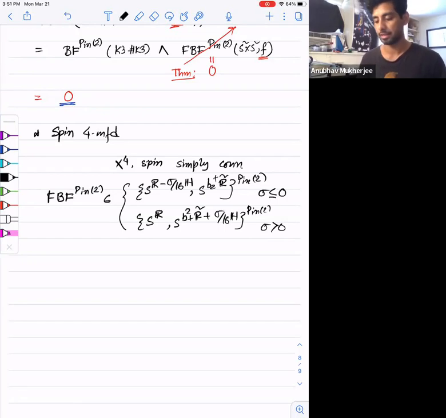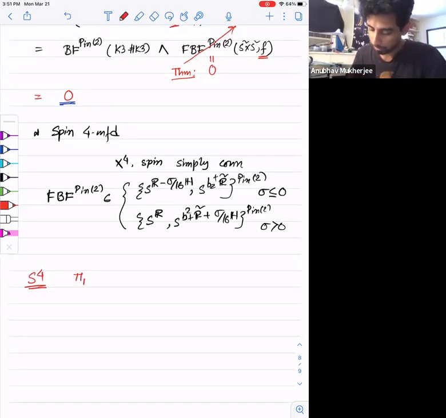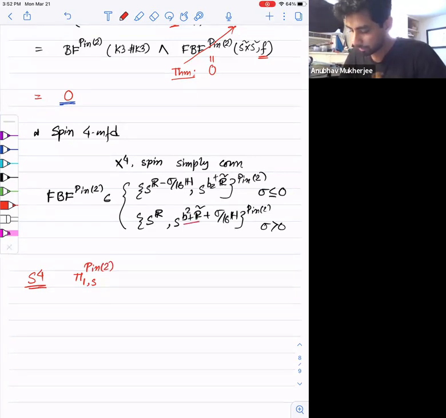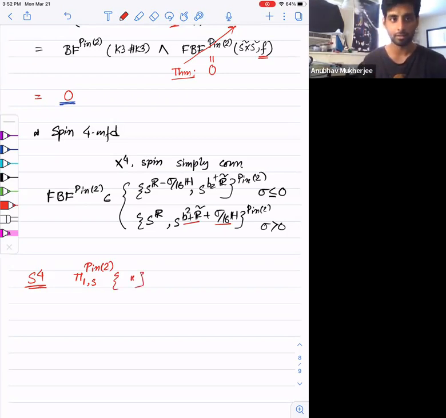But notice what happens when we talk about the fourth sphere: everything vanishes. In other words, this is just an element in the pi 1 stable equivariant group, since this part vanishes and this part vanishes. And this group you can construct essentially, and you can actually track down this element inside this group.